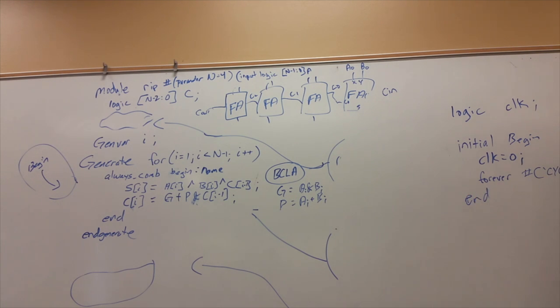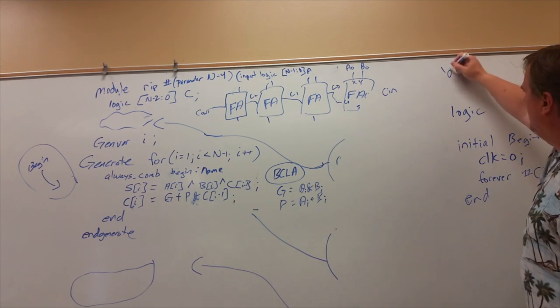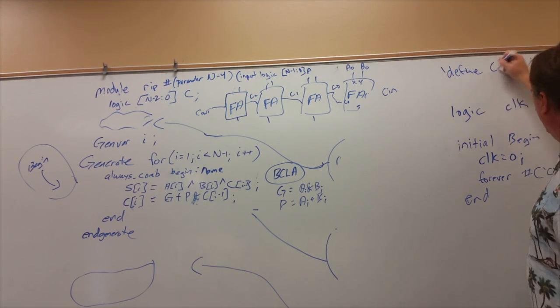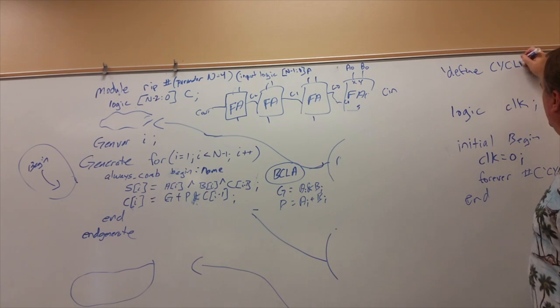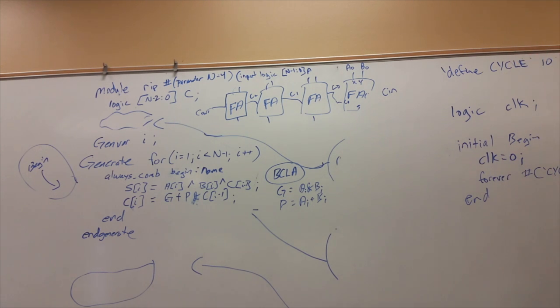let's say I do this. First off, legal, illegal? Assuming somewhere up here I define cycle, whatever, 10 or whatever I make it. That just allows this to be whatever my cycle time is.